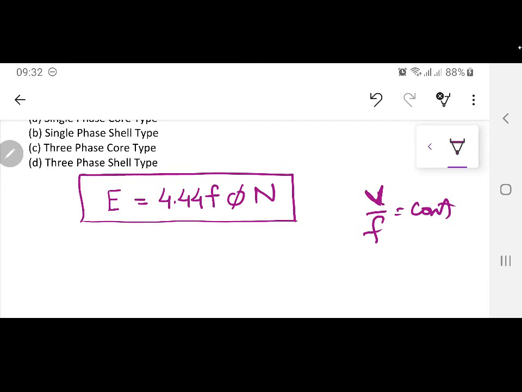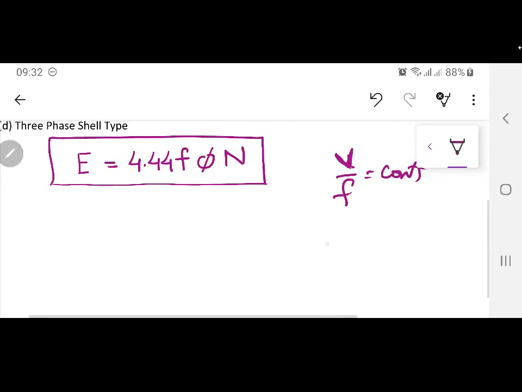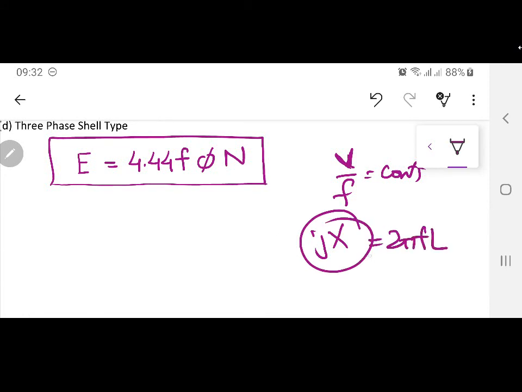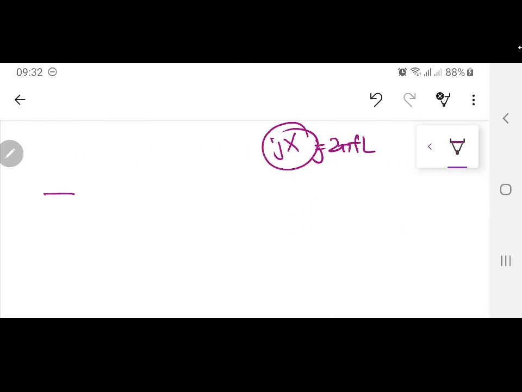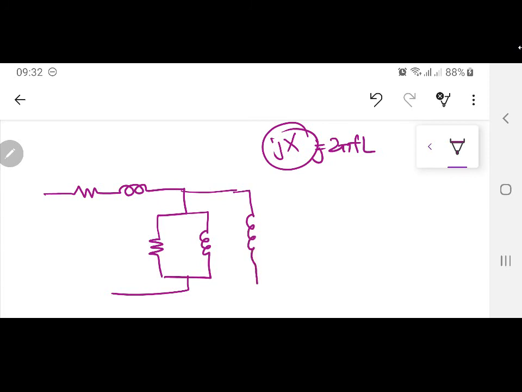So if the frequency is changed, the first and foremost thing that is going to change in a transformer is jX, because jX is equal to j 2 pi F L. So when frequency is changing, your reactance is changing. If you remember the transformer diagram, this is that core, and this is that ideal transformer.